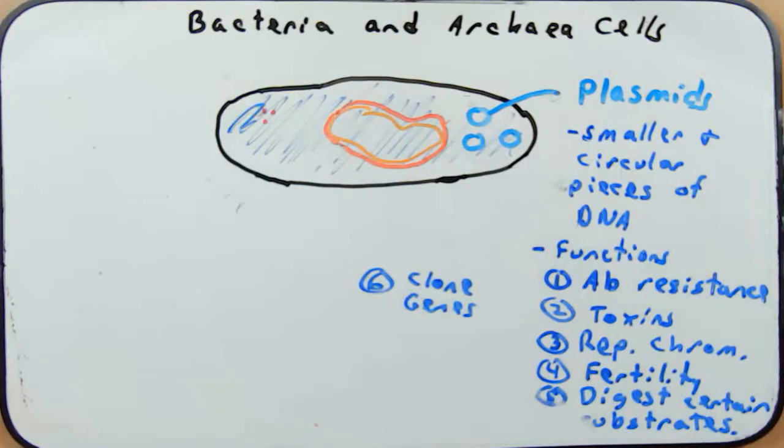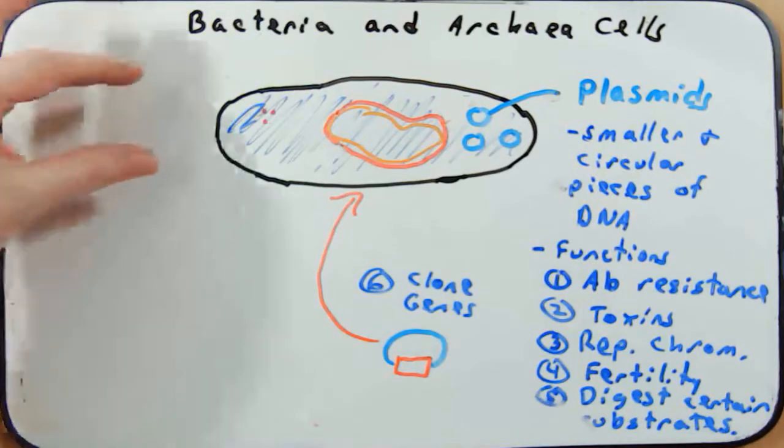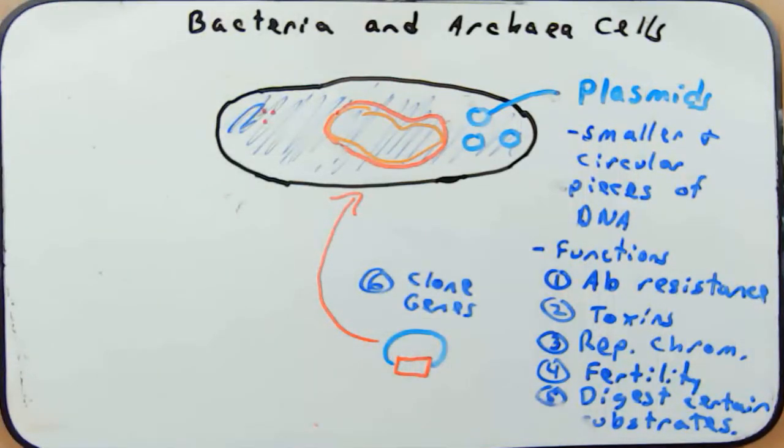For instance, if you know anyone who is a type 1 diabetic who takes insulin, that insulin is made, real briefly, by taking the plasmid here, putting the human gene of insulin in that plasmid, and then placing this inside of the bacterial cell, and that bacterial cell will now make insulin protein. It'll make human insulin protein. And then we can purify that human insulin protein because we can make a lot of it in a big vat of bacteria, and then that is packaged up and sold to people who need insulin to treat their diabetes.